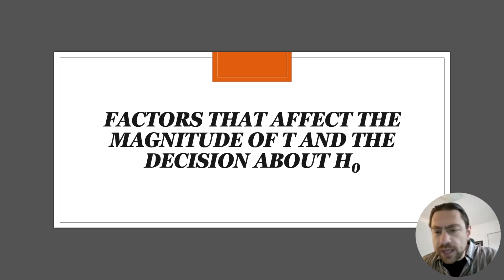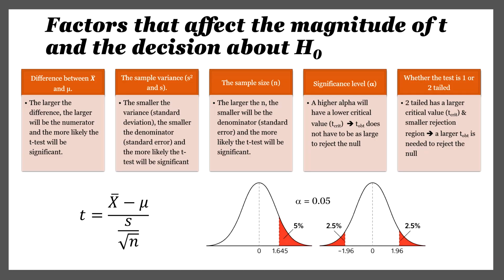Okay, so in this section, we're going to discuss some factors that will influence the likelihood of you rejecting or failing to reject the null hypothesis when running a single sample t-test. All right, so what has to happen in order for you to reject the null hypothesis? Well, for that to happen, your obtained t-value has to exceed the critical value in either the positive or the negative direction.